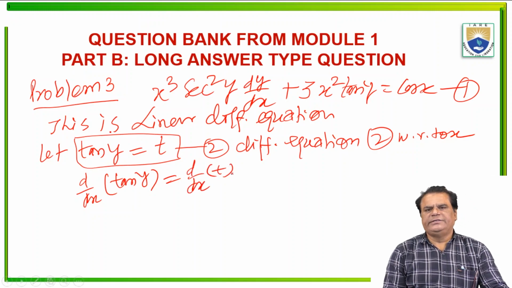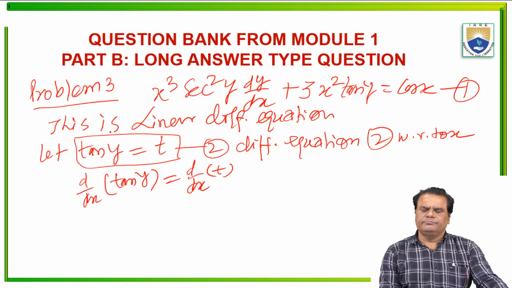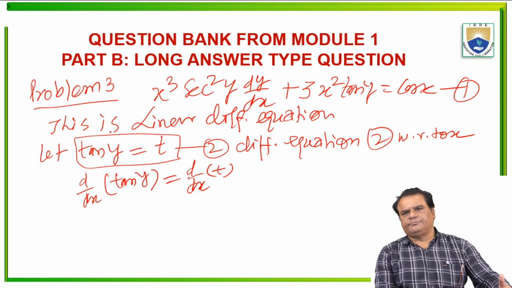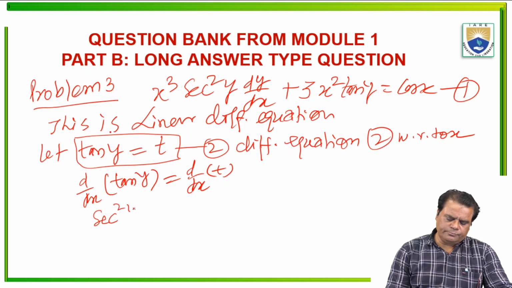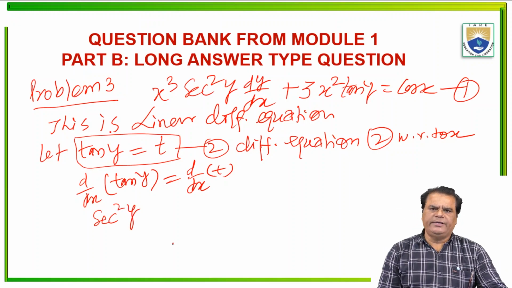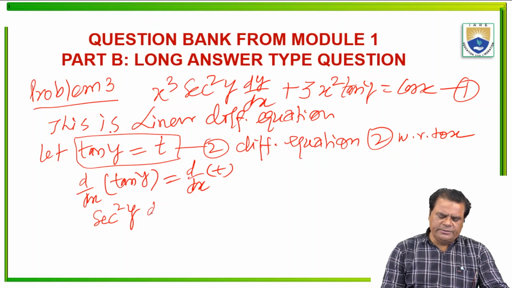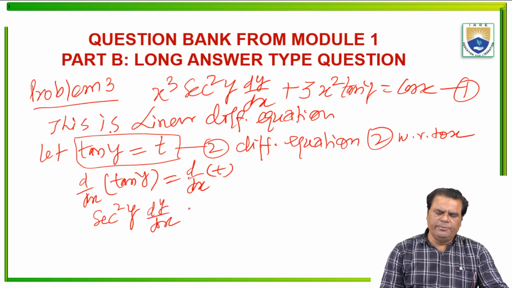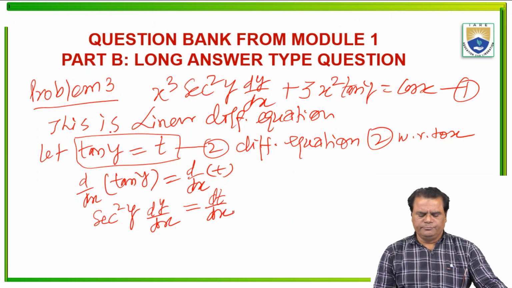So now the differential of tan y with respect to x: here we get sec square y dy dx, and the differential of t with respect to x is dt over dx.